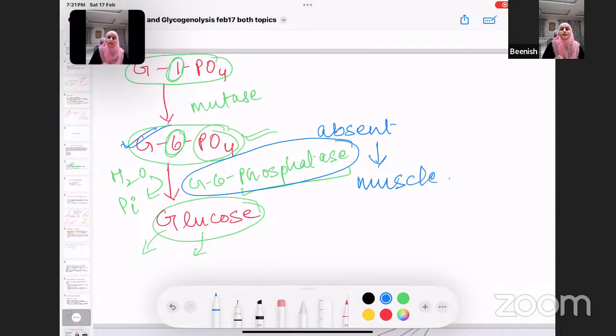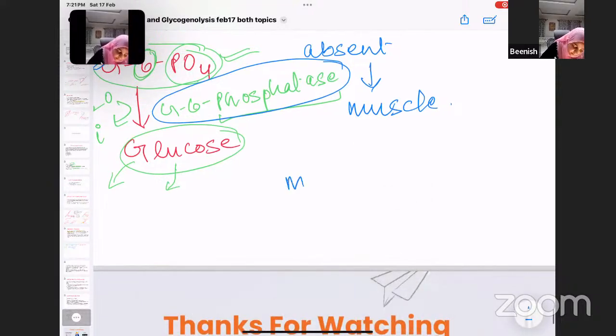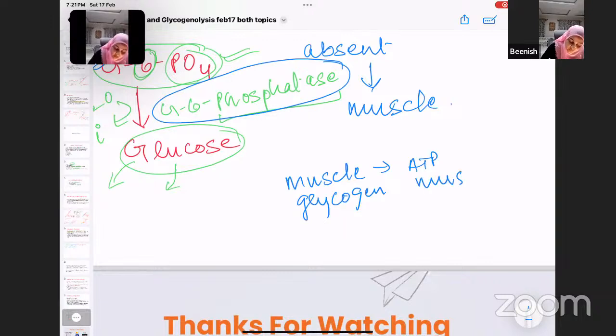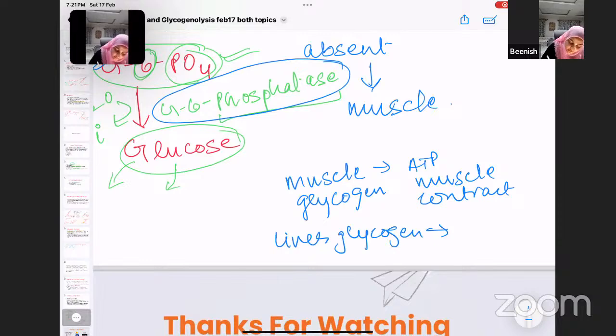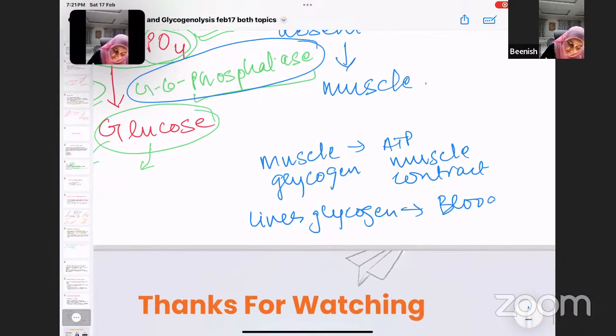So muscle glycogen is used to provide ATP for muscle contraction. But your liver glycogen, that is glycogen in the liver, is used for maintaining blood glucose.